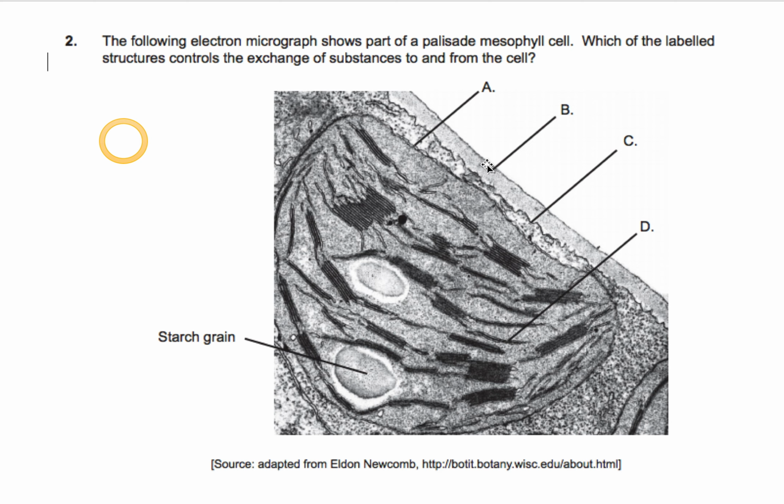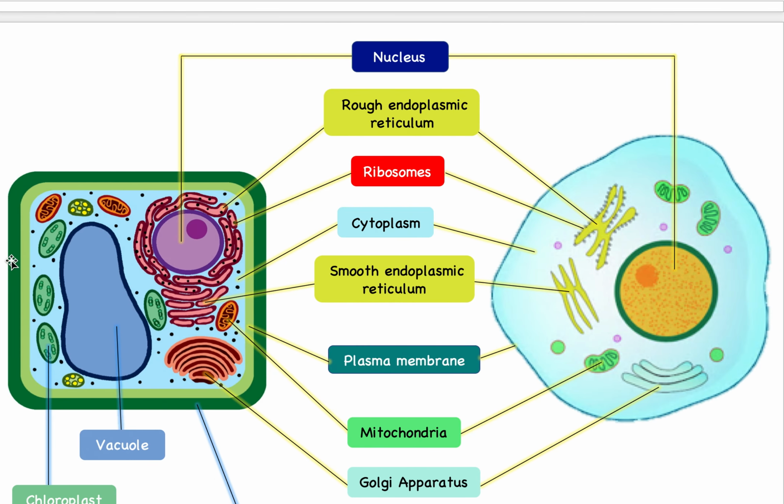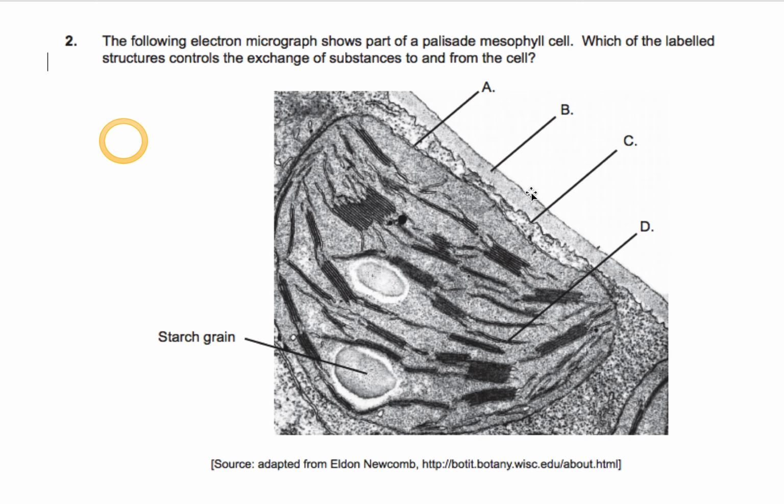We know the plasma membrane does that. And we know the plasma membrane is the layer right under the cell wall. So if this is the cell wall, this is the plasma membrane. So if we know this is the cell wall, then this layer C here must be the plasma membrane, and this will be the structure that controls the exchange of things into and out of the cell. Okay, because we can see here D is something inside.